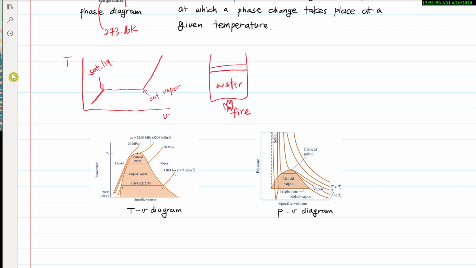So imagine we add weights. If we add weights on the lid, the pressure of the water increases. By increasing the pressure of water, the process will follow a similar path. However, the water boils at a higher temperature and the specific volume of the saturated liquid is larger.